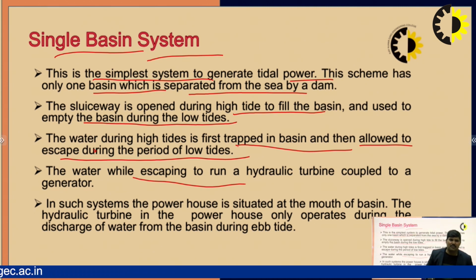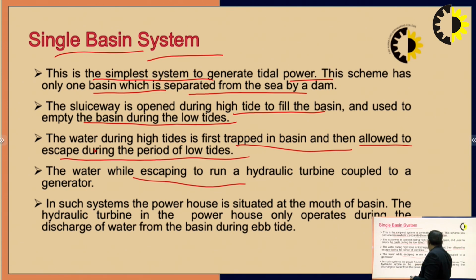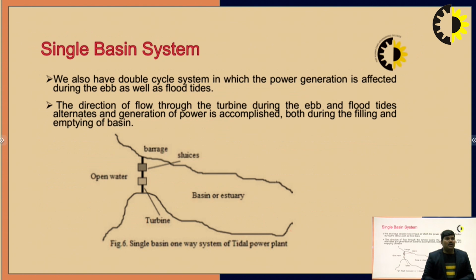In such a system the powerhouse is situated at the mouth of the basin, and the hydraulic turbine in the powerhouse operates during the discharge of water during the ebb tide. These are the features of the single basin system, as you can see from the figure.